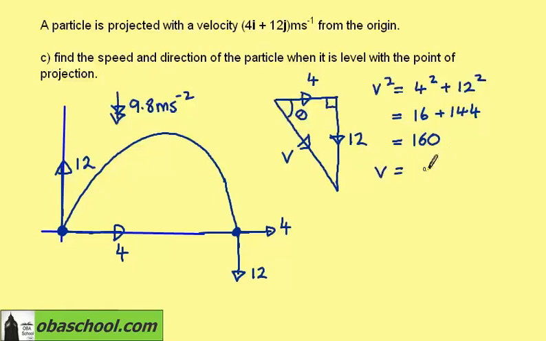So v is the square root of 160, which is 12.6 meters per second, correct to 3 significant figures.